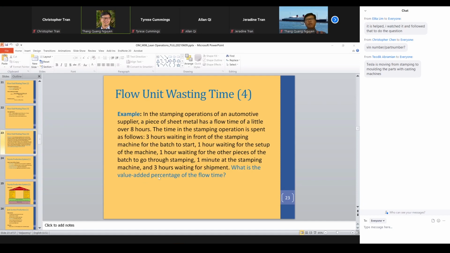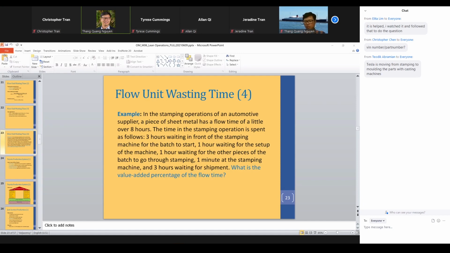So what is the value-added percentage of the flow time? That's the question here. Under the whole lengthy process, which one is value-added? And for that, we calculate the value-added percentage of the flow time.